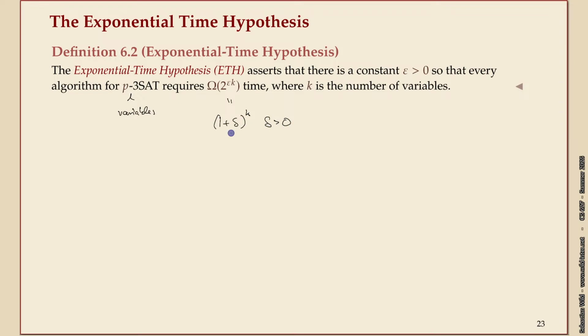And we don't know what that constant is, but the hypothesis says there is one and it's not 0, so that any solution for the 3-SAT problem, in the worst case, asymptotically and so on, needs exponential time. Okay? So again, nobody expects polynomial here, but there's a lot between polynomial and exponential. But the exponential time hypothesis says, no, for SAT, it has to be exponential, at least. And we know at most as well.